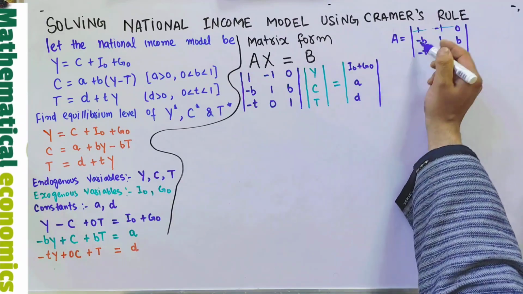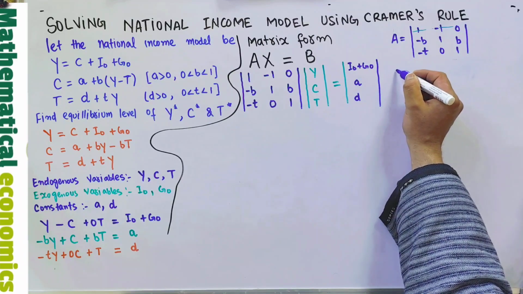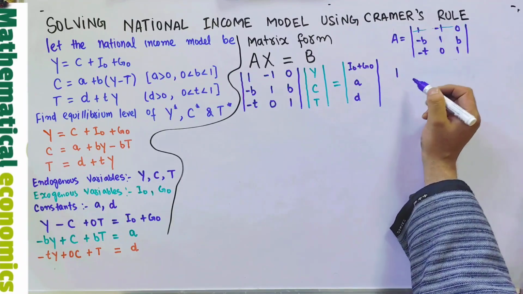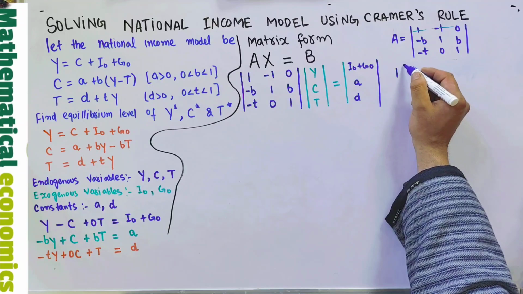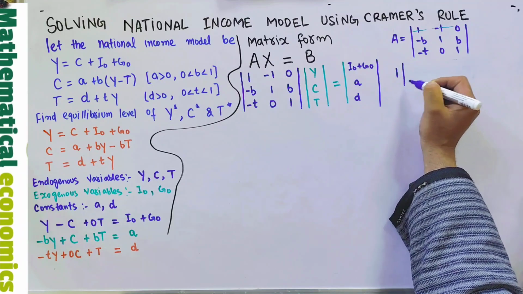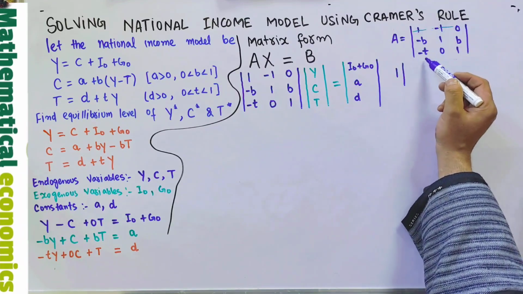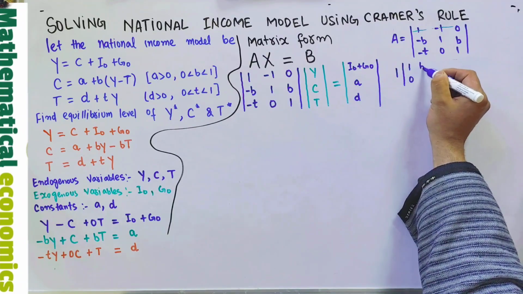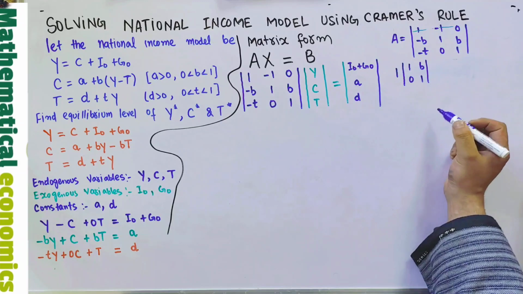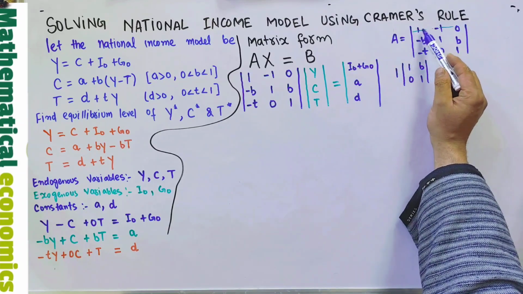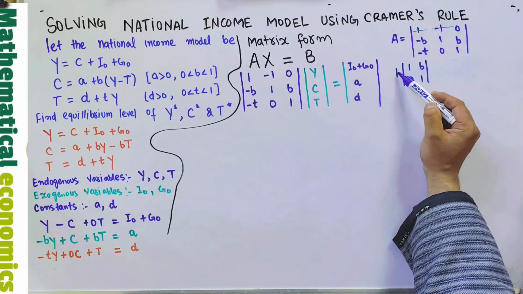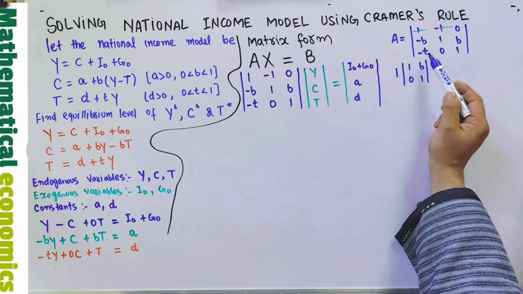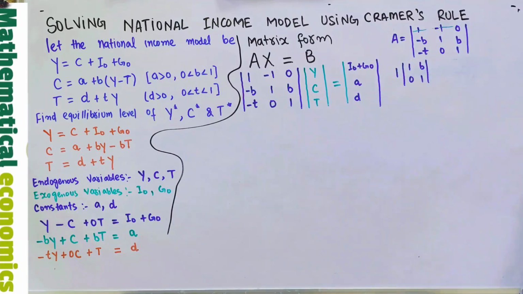So 1 is the first element, and we multiply it with the determinant of this very matrix 1, 0, b, 1. We mentally delete the row and the column in which the first element occurs and multiply it with the determinant of the remaining elements.